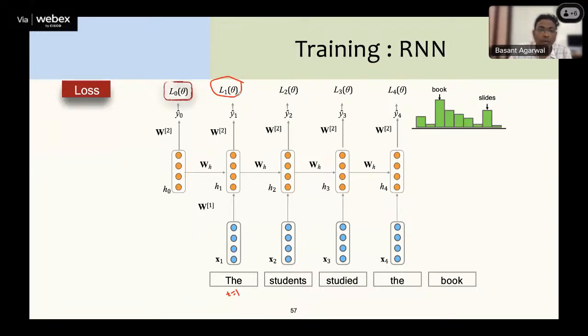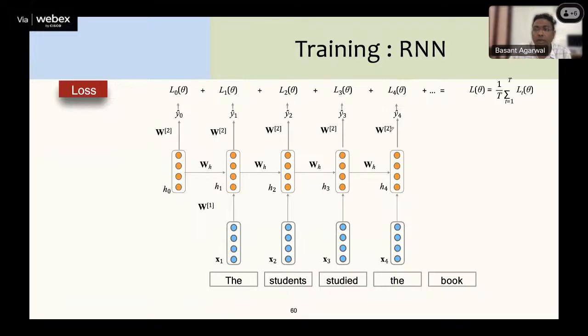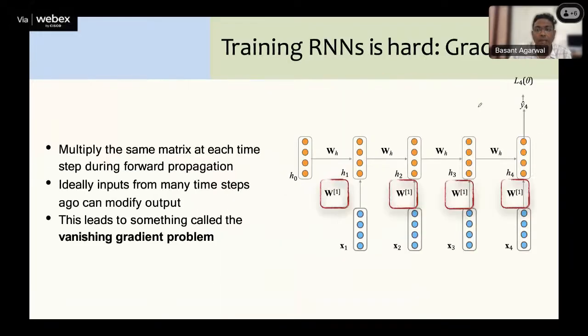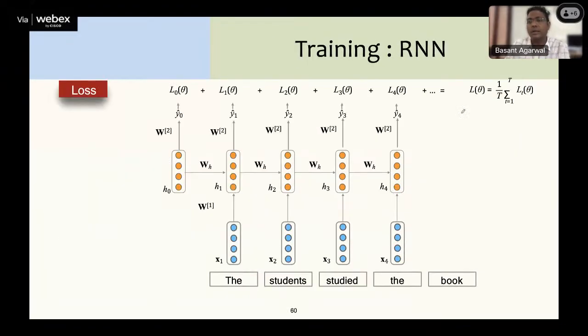We compute L1 for t equal to 1, L2 for t equal to 2, and so on, L3, L4. Then we average the losses of all the time steps, and backpropagate this loss through the network. So basically it will go like this.